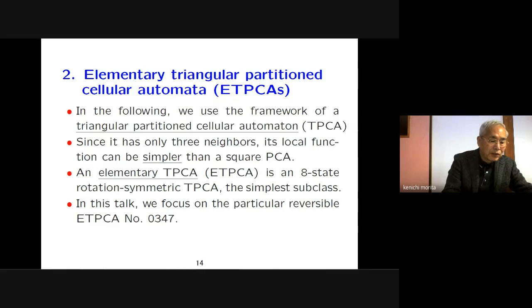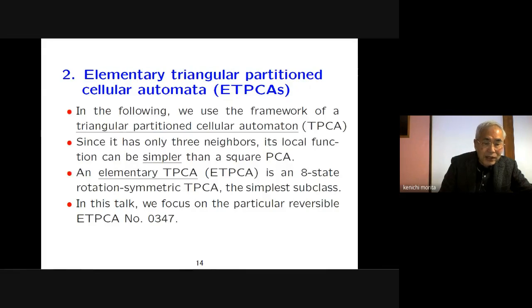In the following, we use the framework of a triangular partitioned cellular automaton, TPCA. Since it has only three neighbors, its local function can be simpler than a square PCA.